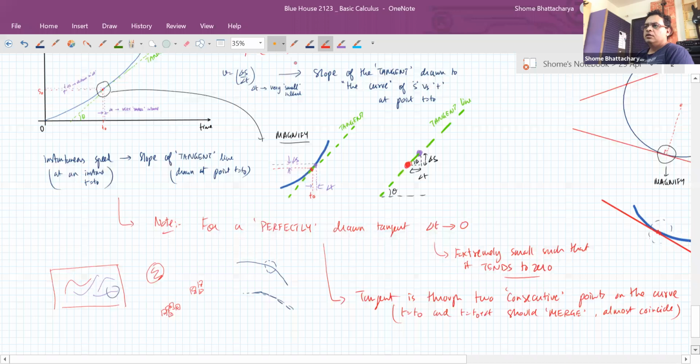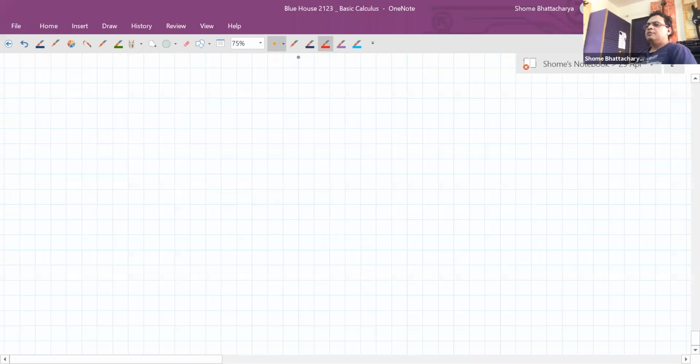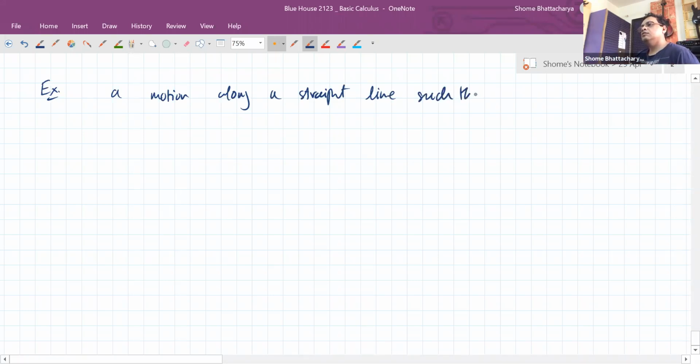So I know we have completed the time of the lecture, but I'll just take a couple of extra minutes to illustrate this with an example. Suppose we have a motion along a straight line, such that the distance traveled is given by the equation S equals t square.